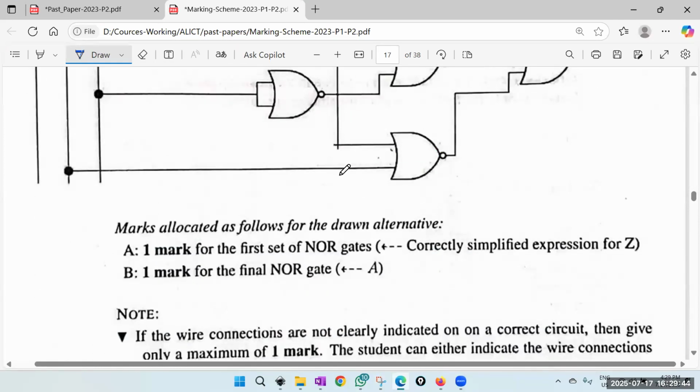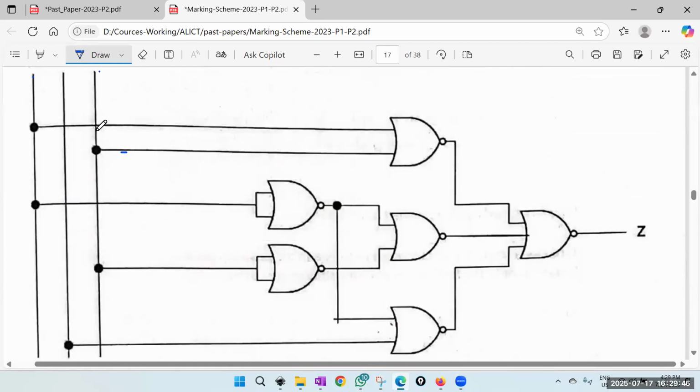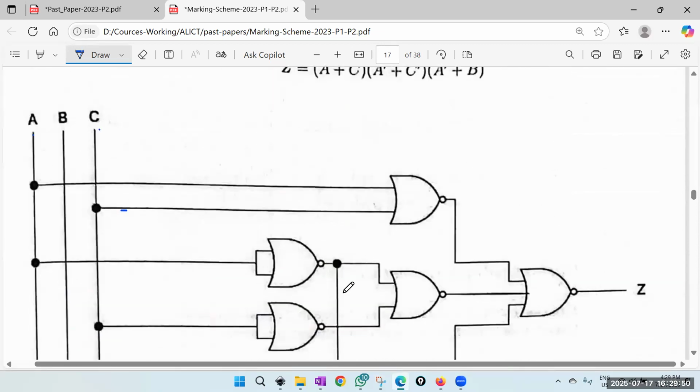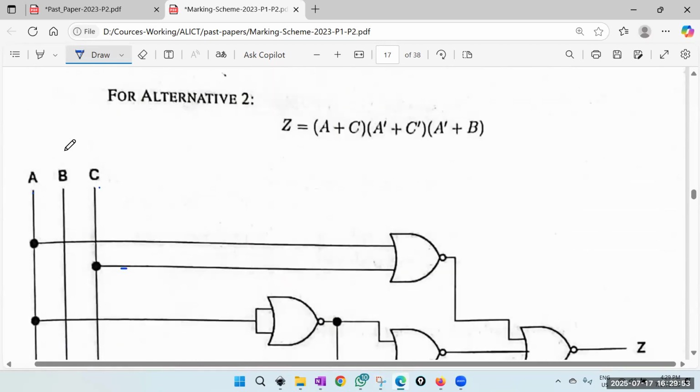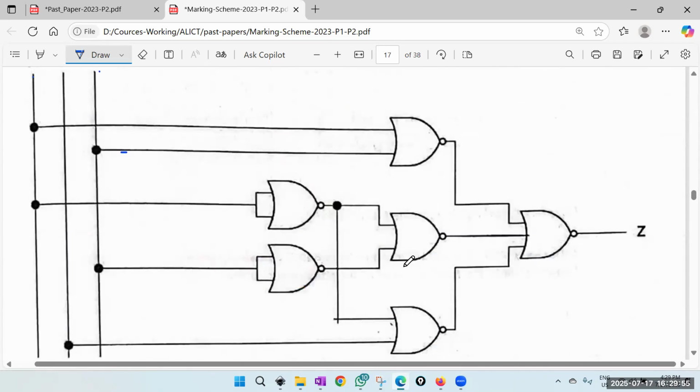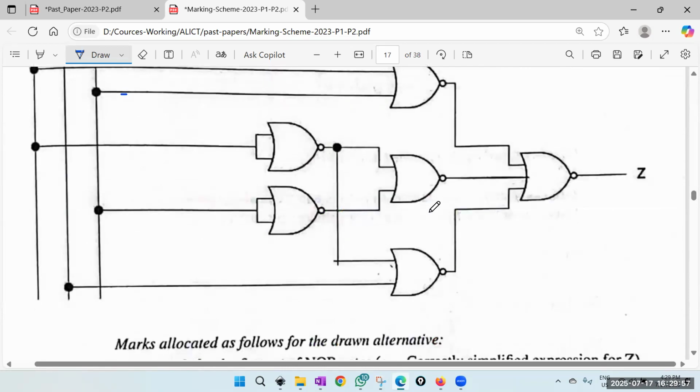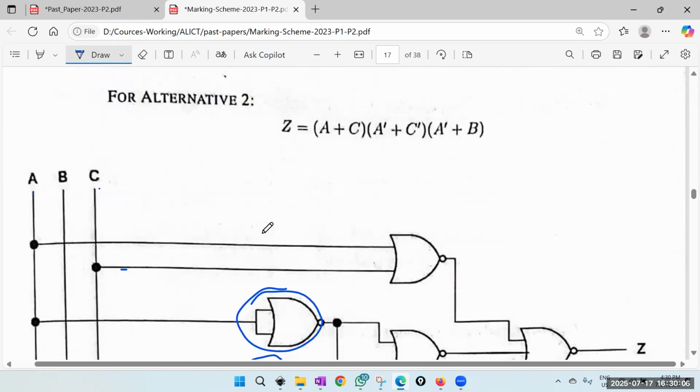Right? So this is A bar. So this is your A, therefore this is A bar, and this is your B. Right. So that is unfair. If the examiner has given marks to these no gates, that is very unfair because the examiner has told that these are separately available. Let's see whether the examiner has put up a note there.